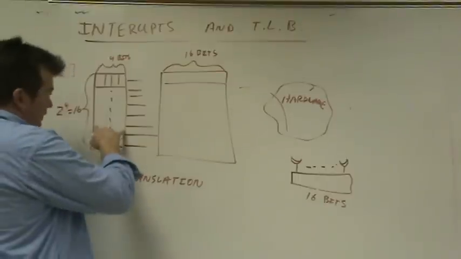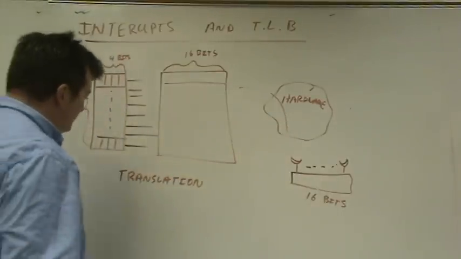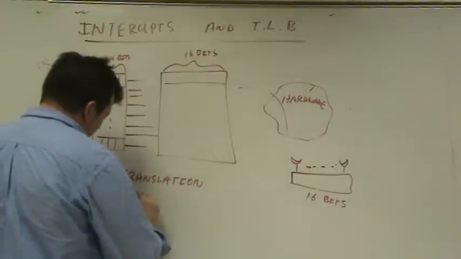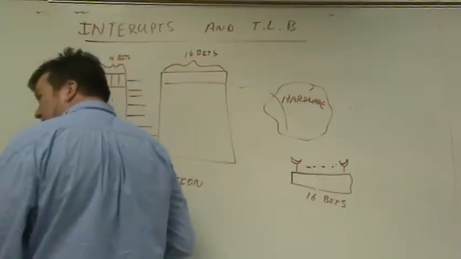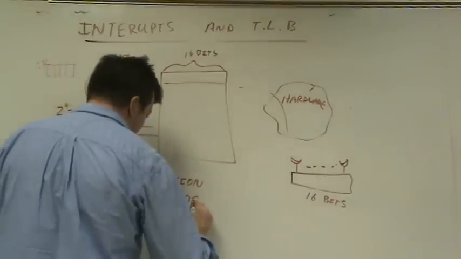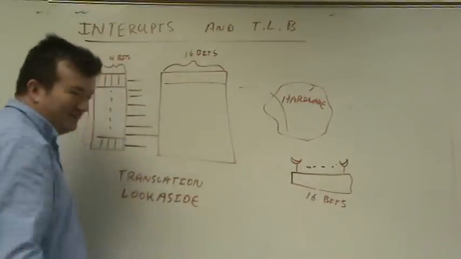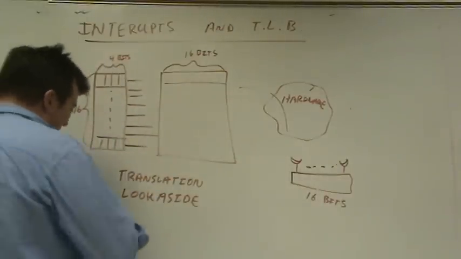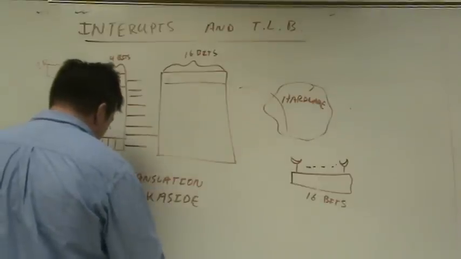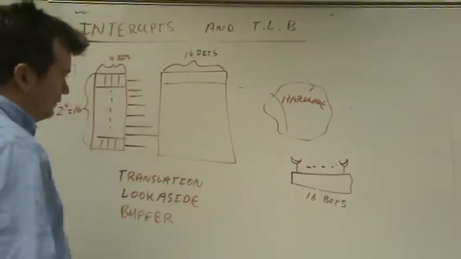This is, you give me one number, I'll give you the corresponding matching number. So there's a translation going on. They call it Lookaside. Not exactly sure what this means. You find a match here, and then you look over to the side and find the match. I don't know where that came from. Translation Lookaside Buffer. And a buffer is a place where you can temporarily hold stuff.